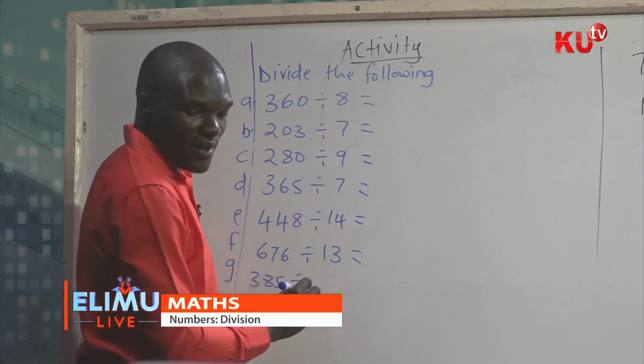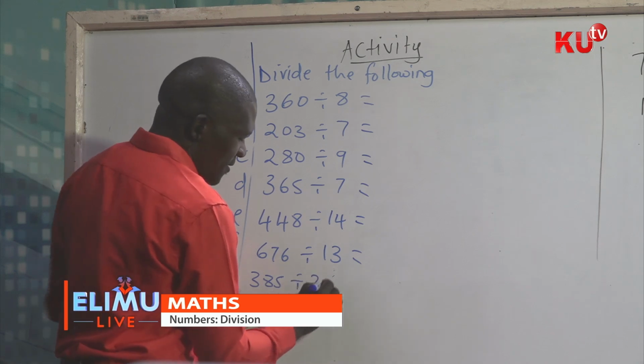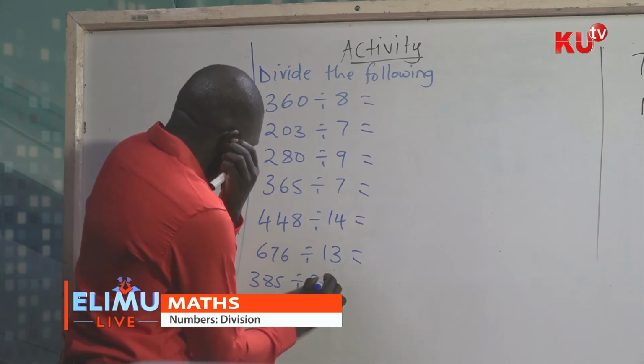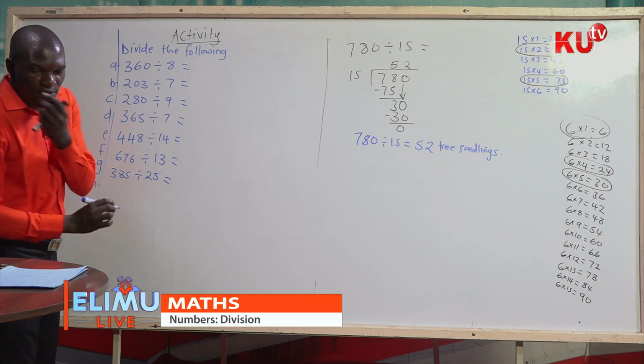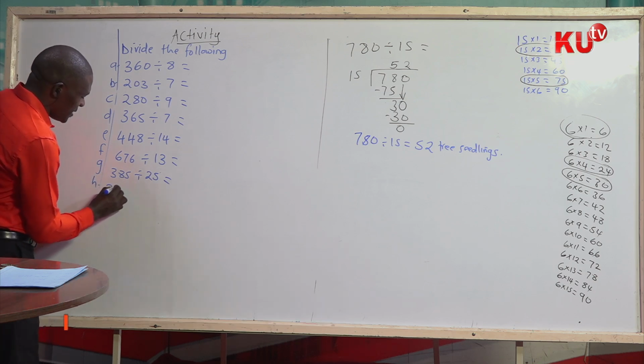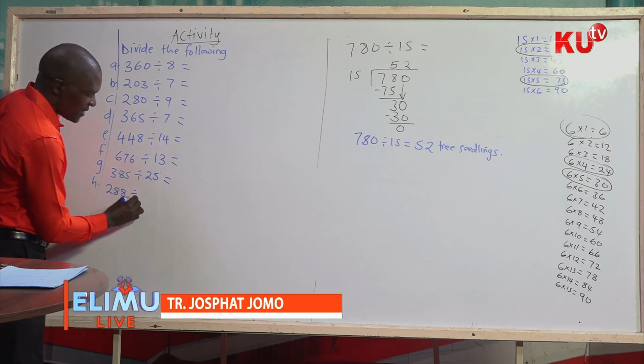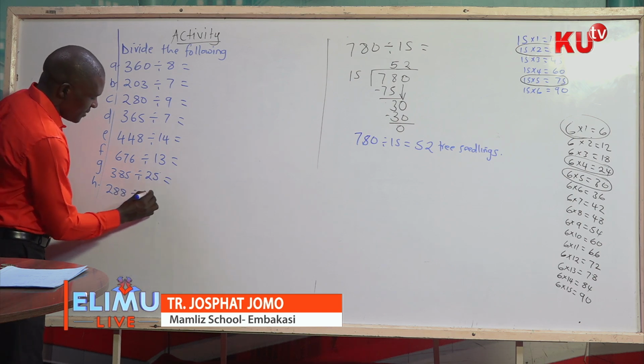385 divided by 25. And H, we have 288 divided by 15.